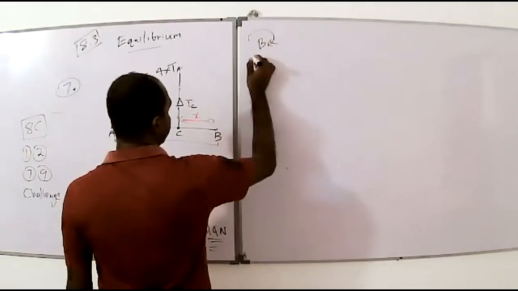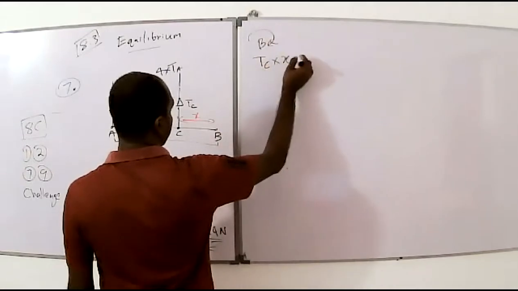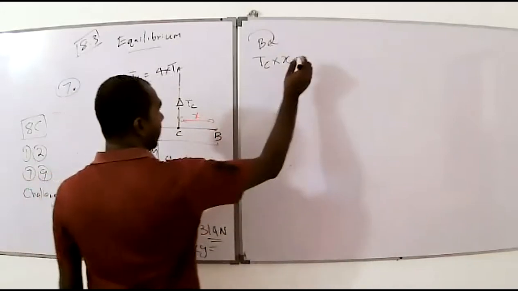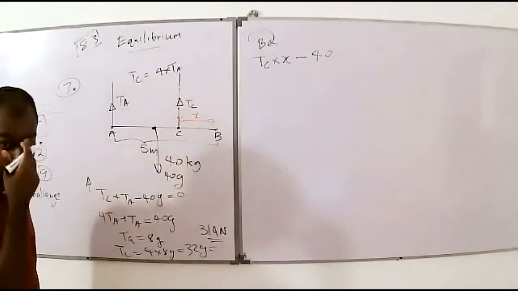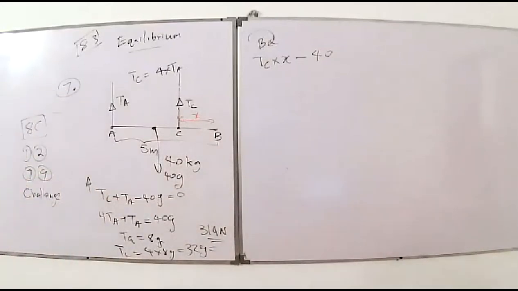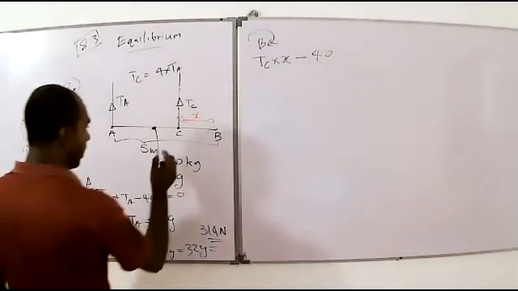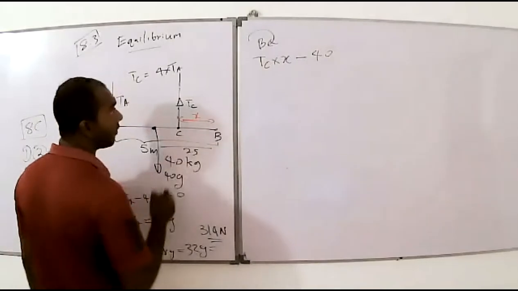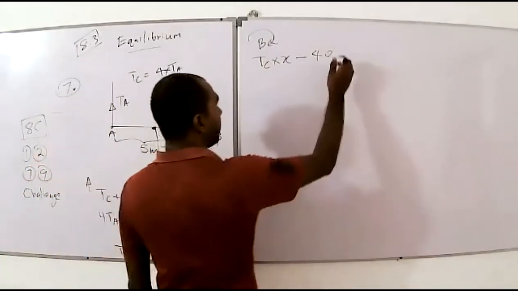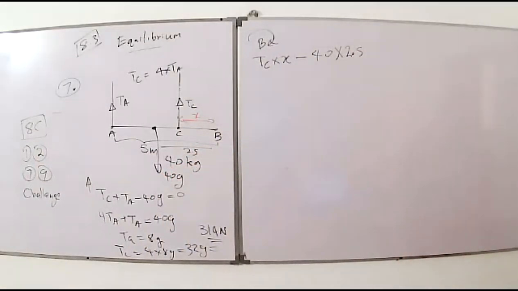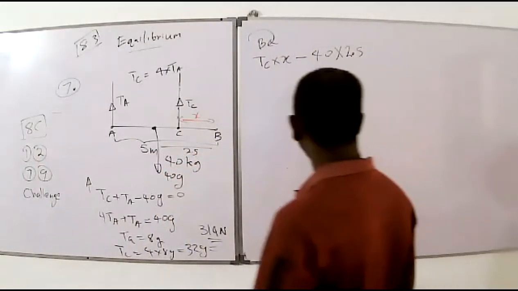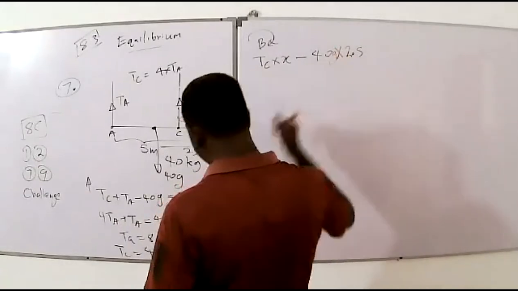So I have TC times x minus 40 times, it's going to be in the middle. So it's going to be how much? 2.5. Total length is 5, so this length will be 2.5. So minus 40 into 2.5. So it is 40G into 2.5.